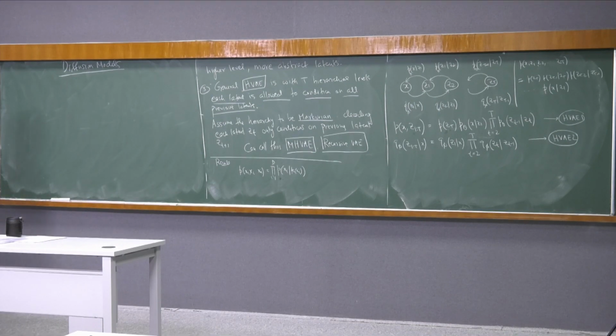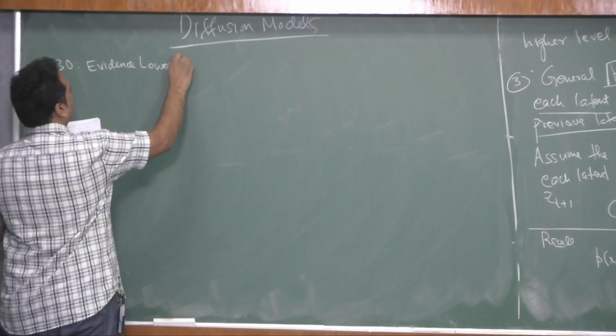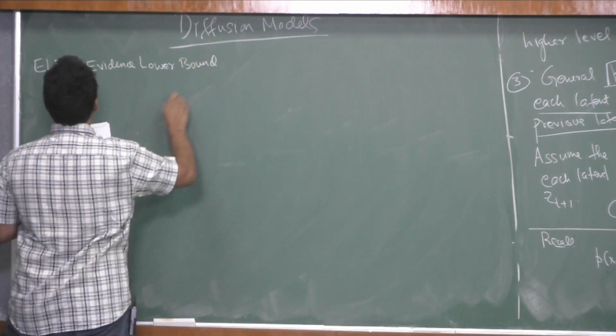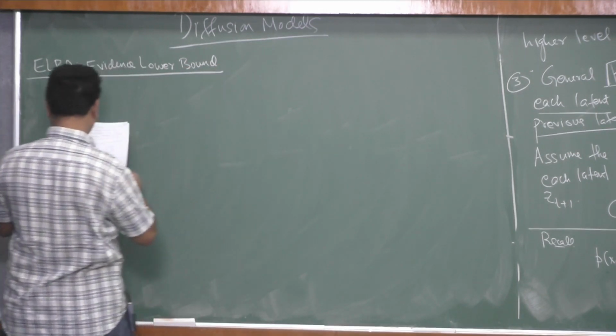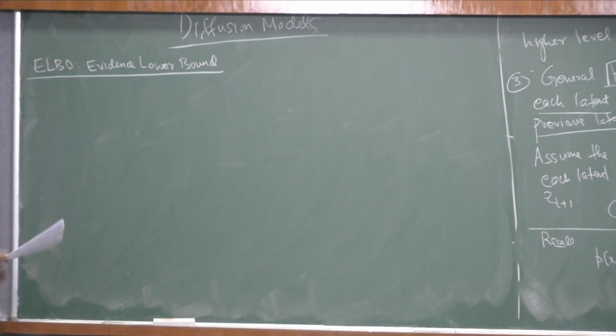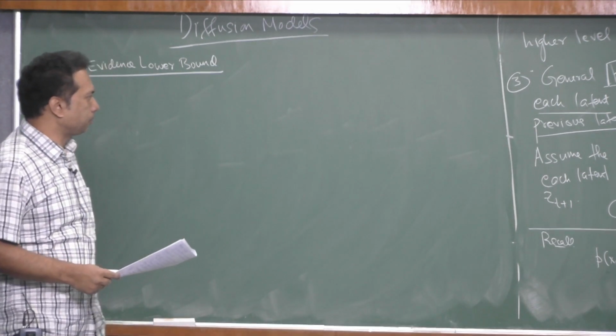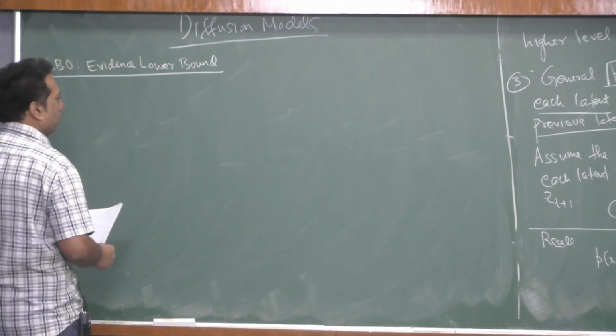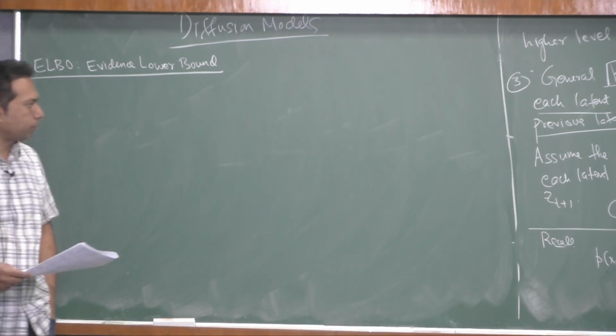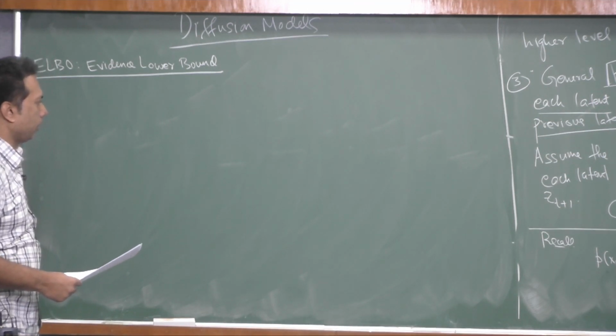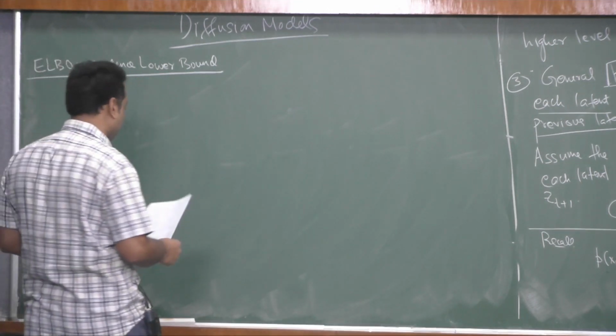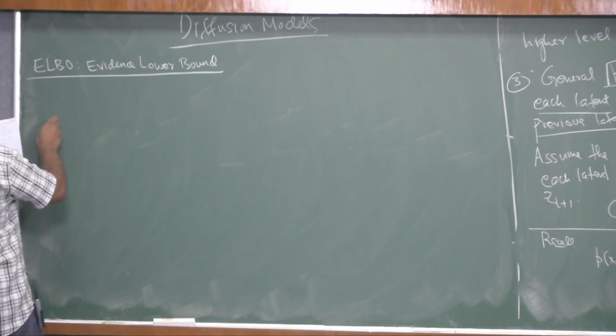So we will go to, as I said, we will look into the evidence lower bound, which is ELBO. And in the evidence lower bound, like in VAE, we will look into log of p of x, and as I said, we will marginalize over the latent variables.